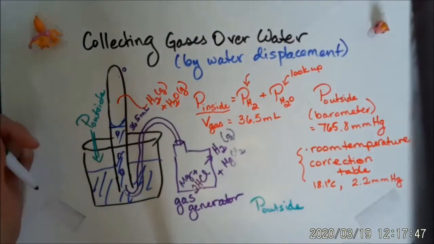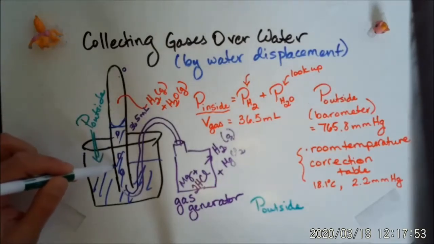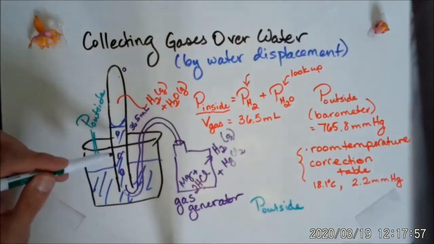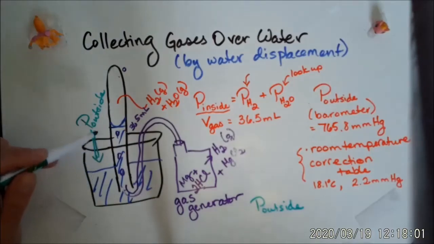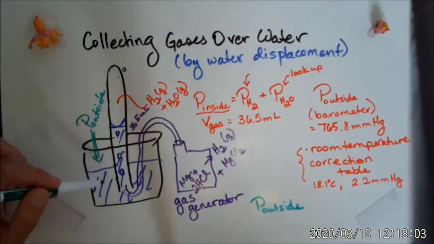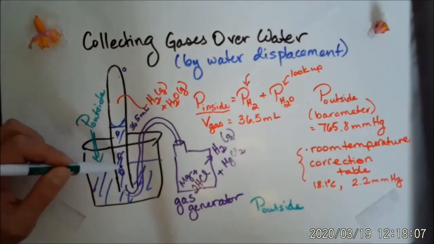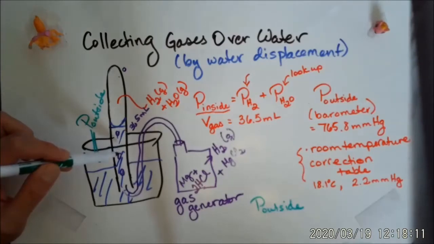Okay? If my pressure outside is the same as my pressure inside, then you would think that the lines should be equal. And in fact, in a sense, if you've ever taken the Chemistry R110 lab and did the Charles law, one of the things that we had to do was we moved our flask until the levels were equal, so we knew that the pressure outside was equal to the pressure inside.